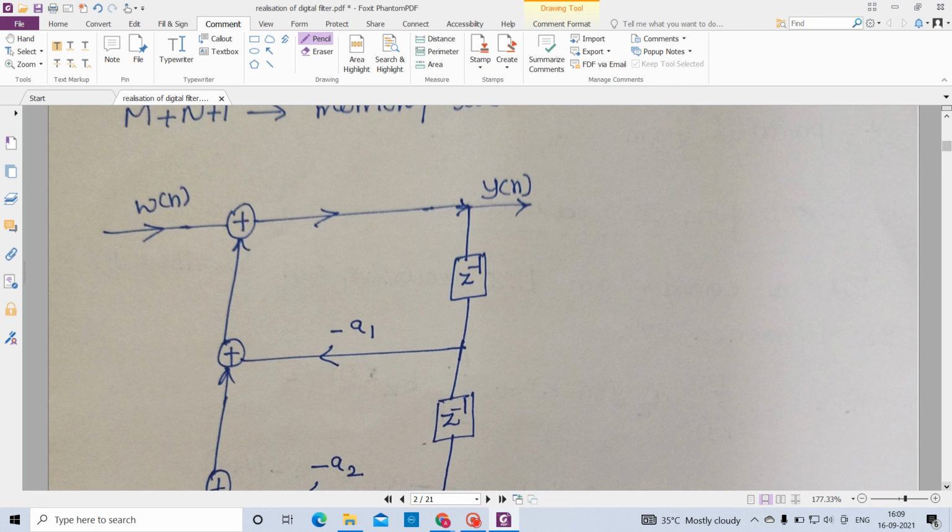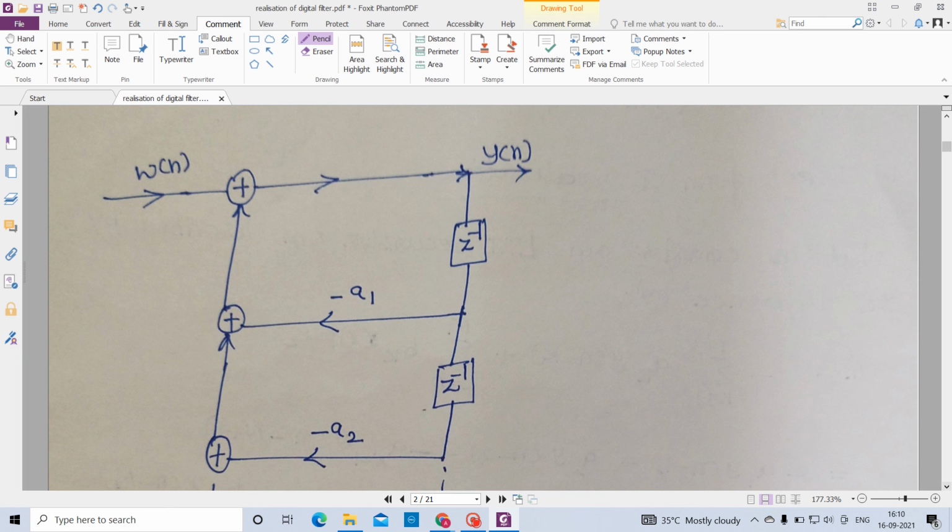Now we will see the structure of the second term, the a coefficient structure of the direct form 1 structure. Here again omega n is the input. This omega n is not multiplied with any constant, so y of n is equal to omega n.